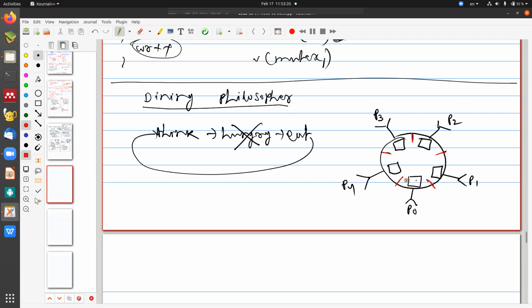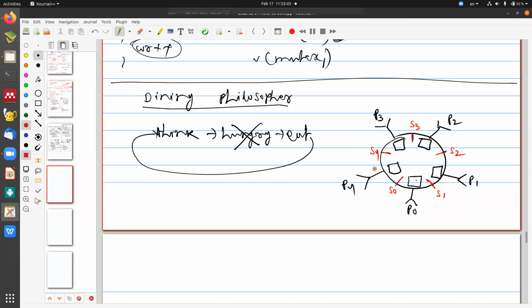Assume the spoons are numbered S0, S1, S2, S3, and S4. Now they are asking how these 5 philosophers can eat and think without fighting with each other. Yes, they are very genuine persons.